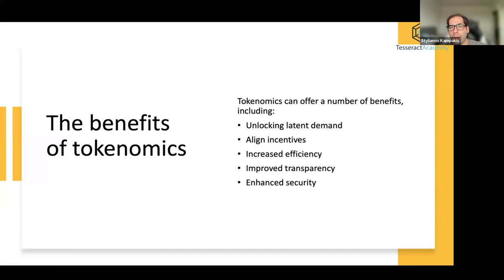And some of those benefits obviously include the fact that you can unlock latent demand. This is what I call it: certain projects allow the creation of value or the exchange of value in ways that wouldn't have been possible without tokenomics. So, for example, decentralized exchanges can operate 24/7. They allow you to exchange cryptos, or if you have synthetic assets, maybe even stocks and shares, 24/7 without an intermediary, right?